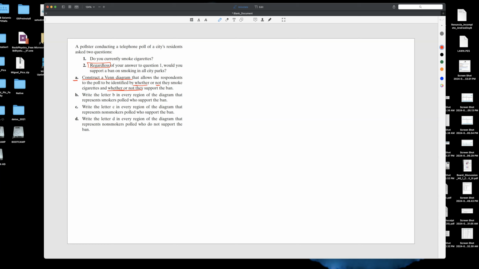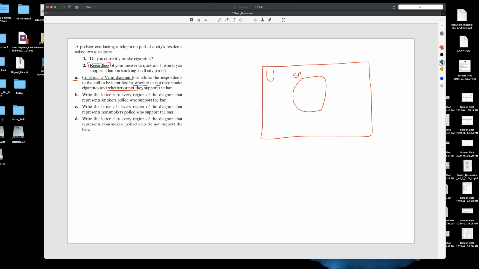So in order to respond to part A of the problem, we're going to have something like this. This represents my universal set. I'm going to have one set here, and I'm going to label that set smoke cigarettes.